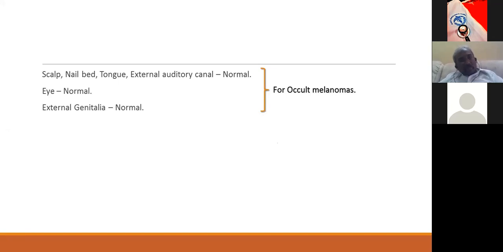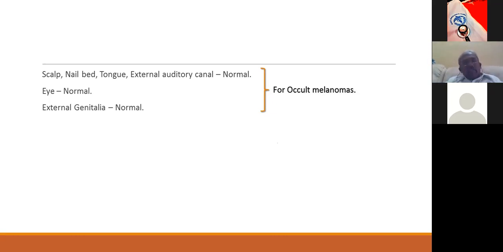Then in certain mucous membrane areas, like the GI tract, melanomas are common. The common one is anorectal melanoma. Then when you go up, comes the esophageal melanoma.